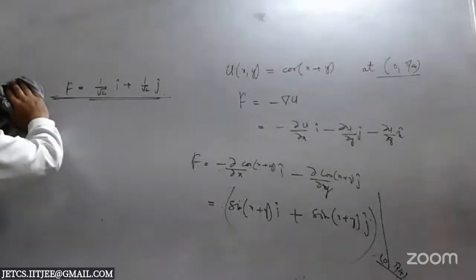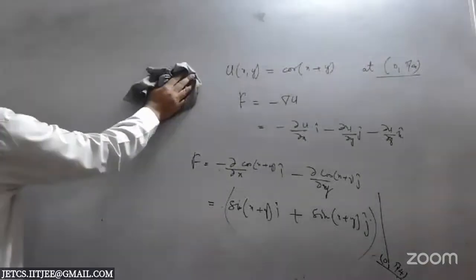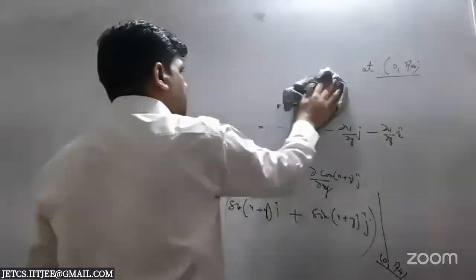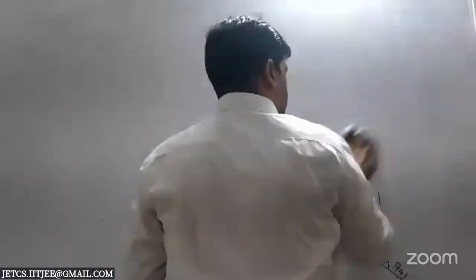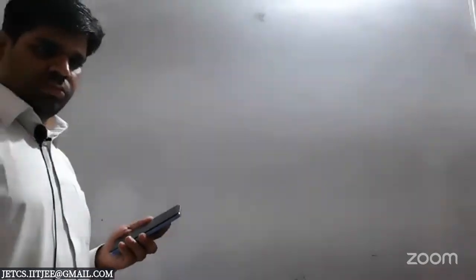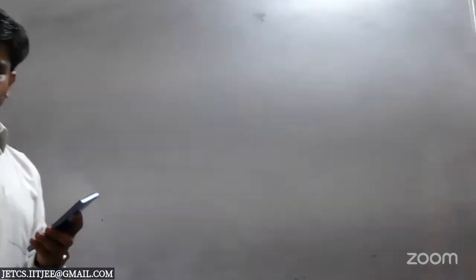In that, tell me what is the relation between velocities of A and B? Tell me the constraint equation. What is the relation between velocities of A and B?